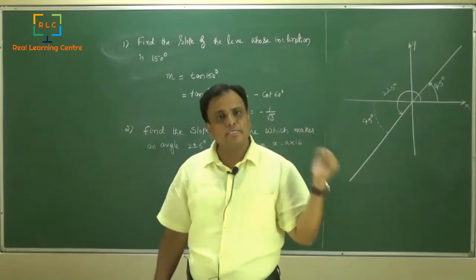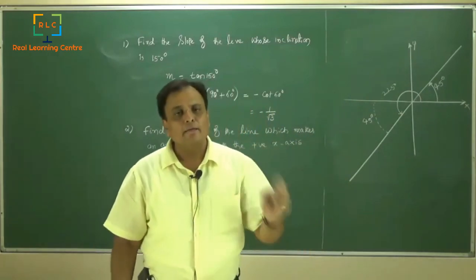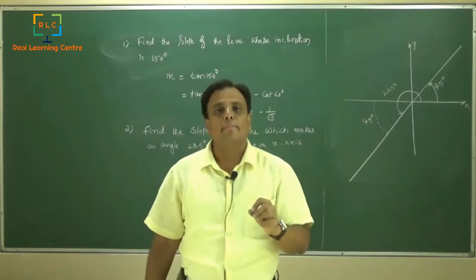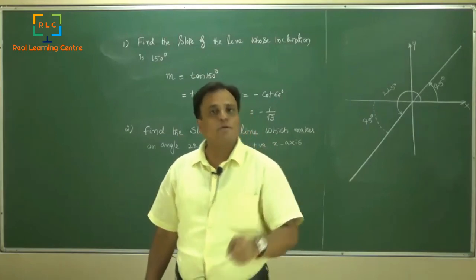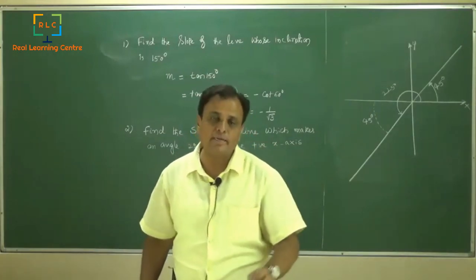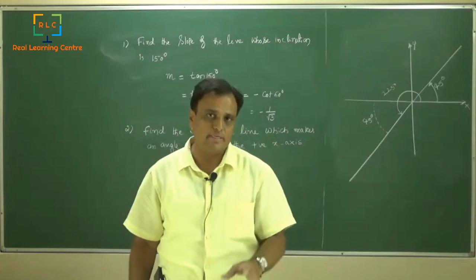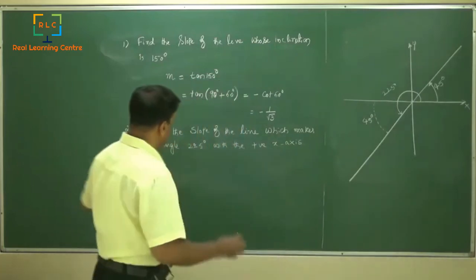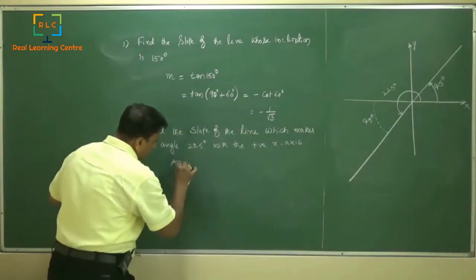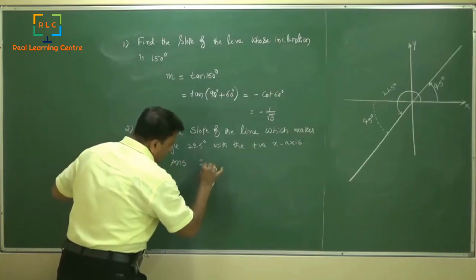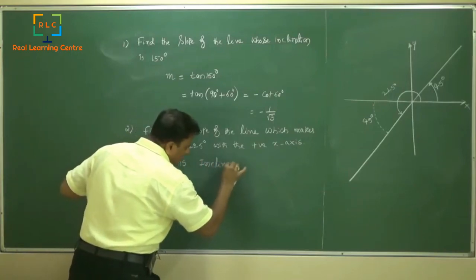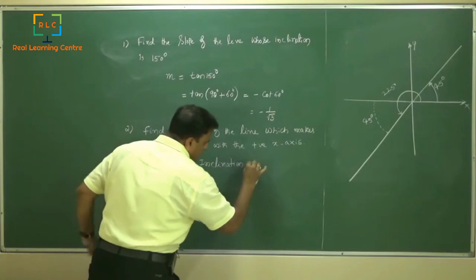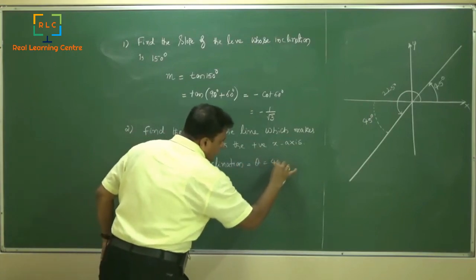So please, in this example, try to understand. If a line makes an angle 225 degrees with the positive x-axis, then definitely the inclination of this line will be 45 degrees. So here the solution is: inclination theta is equal to 45 degrees only.